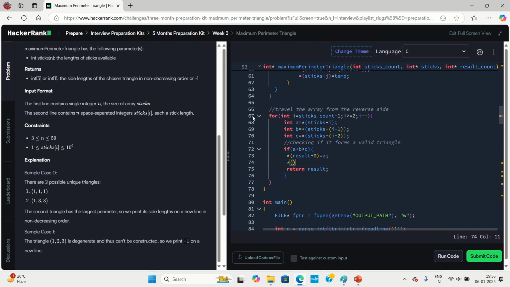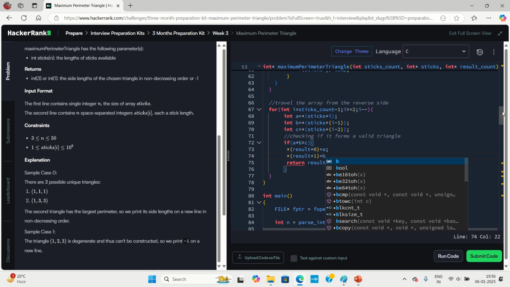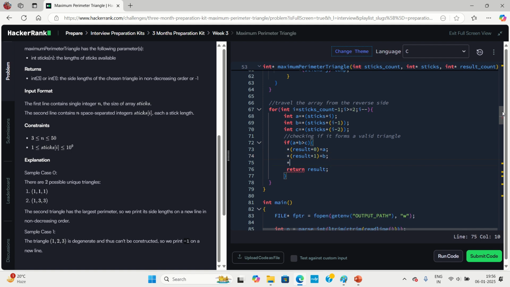Because A, B, C are already sorted, we don't need to worry about that much. So I will be just sending in result of 1, it is B. In result of 2 it will be C. Fine. So return the result.